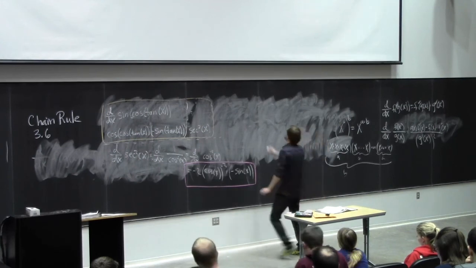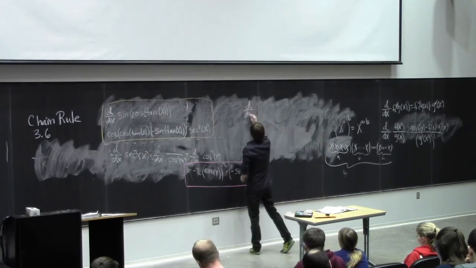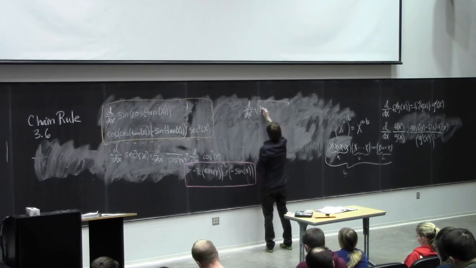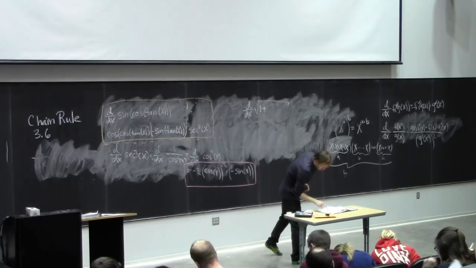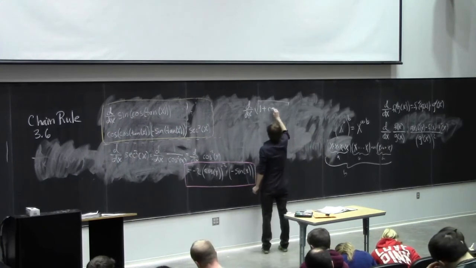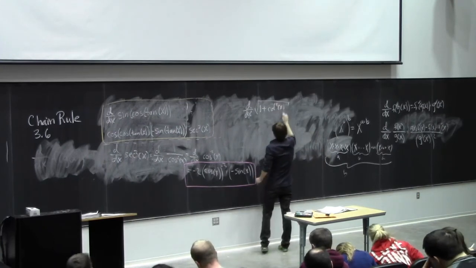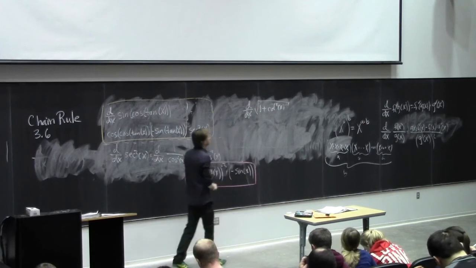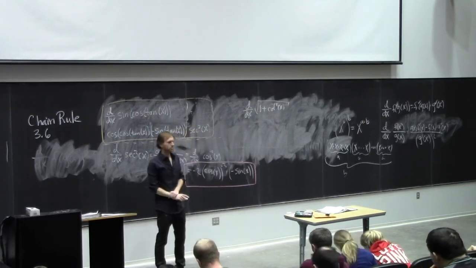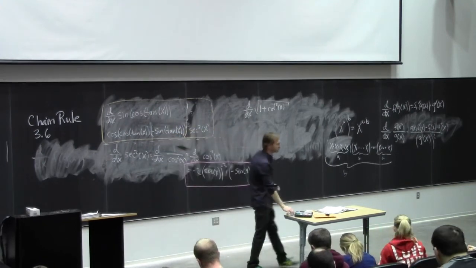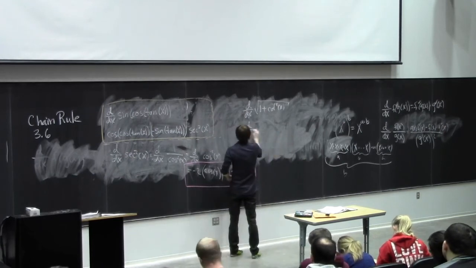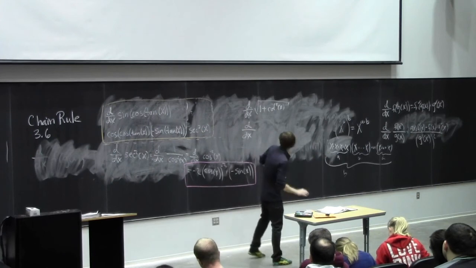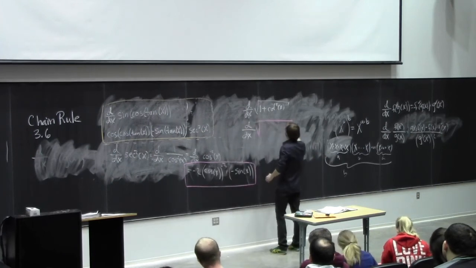Let's do the square root of 1 plus cotangent squared of x. So now we're going to try a different strategy. What are the two functions here? Well, the one is this. Here we go. D over dx. The first function here is going to be the square root.